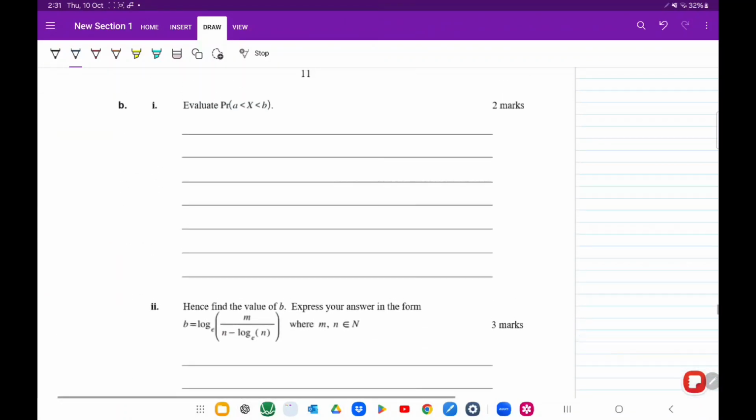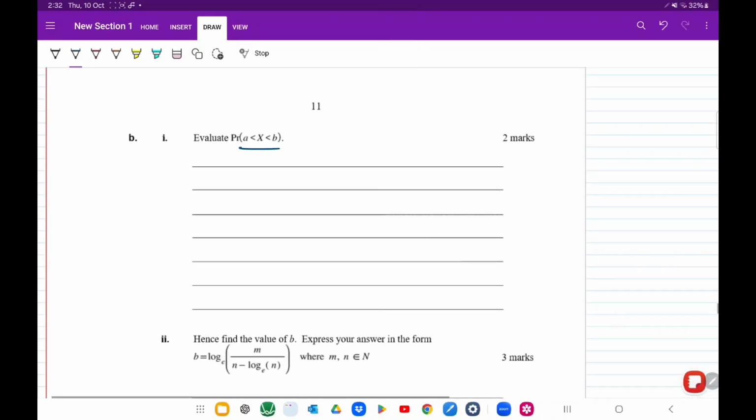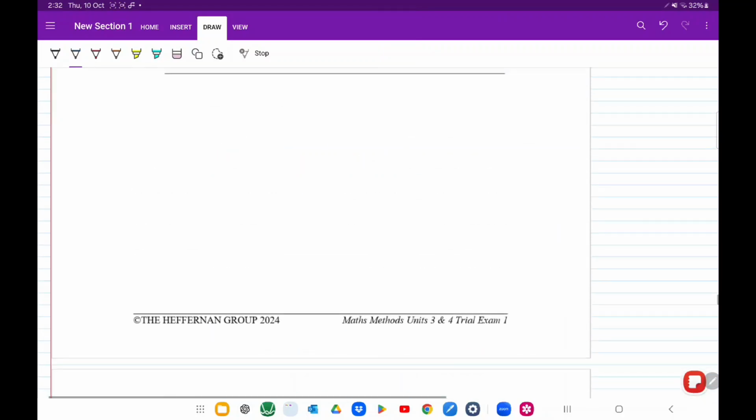Next question says, evaluate the probability from a to b. Now, the probability from a to b is the same as saying 1 minus the probability from 0 to a. Now, how does that work out?